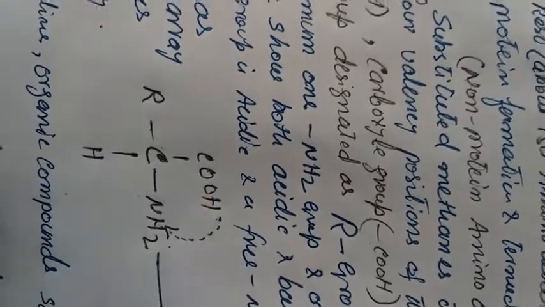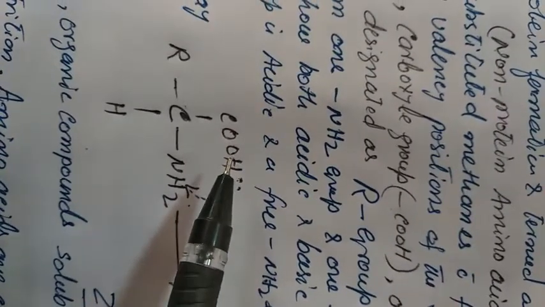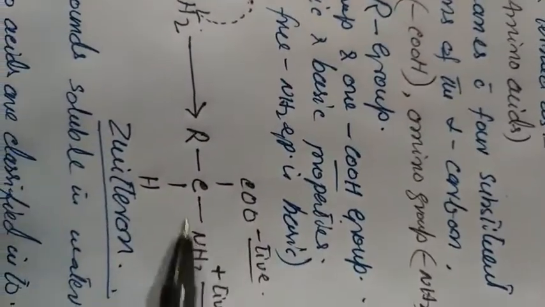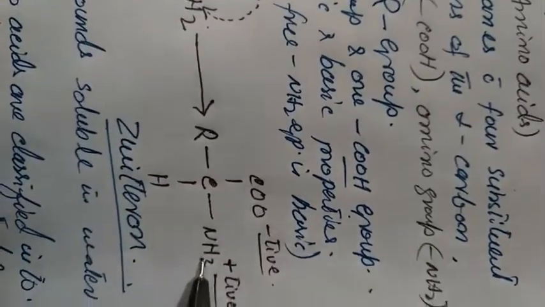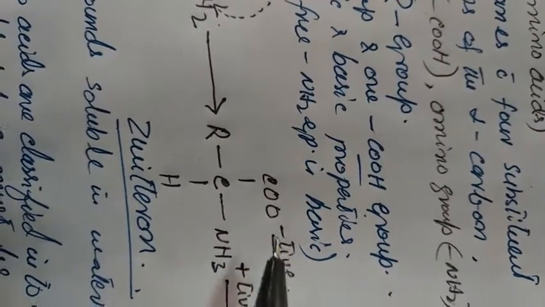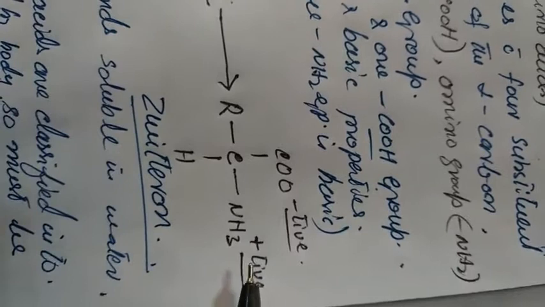For instance, in this formula, we see the zwitterion existence of this amino acid. Here, if the hydrogen is shifted towards this amino group, then what happens? This NH2 becomes NH3, and this carboxyl group attains a negative charge, and at the same time this amino group attains a positive charge.